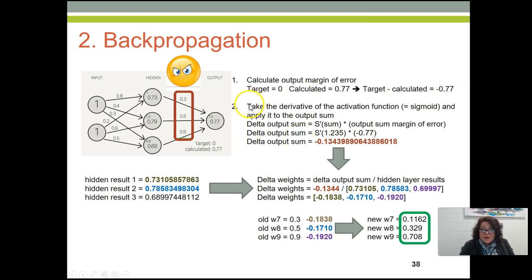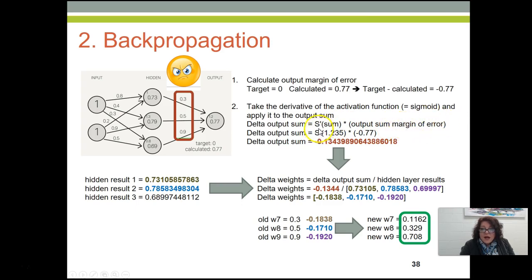Our next step will be to take the derivative of the activation function, which is our sigmoid function, and then apply it to that output sum. So our delta of the output sum is our derivative of the sigmoid function for our sum multiplied by the output sum for the margin of error.